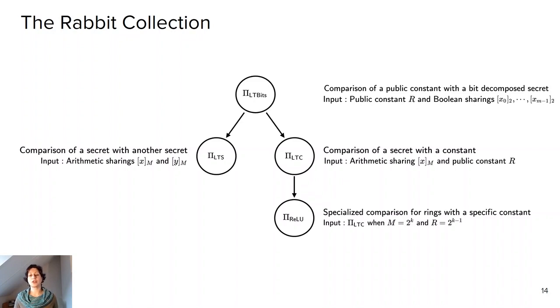Now, this ReLU protocol is a specialized version of the less than constant protocol, and it applies when our modulus is of the form 2 to the k, and the constant we need to compare against is half the size of our modulus. In these cases, we can perform the LTC comparison in a more efficient manner. That's an optimized version of the LTC protocol.